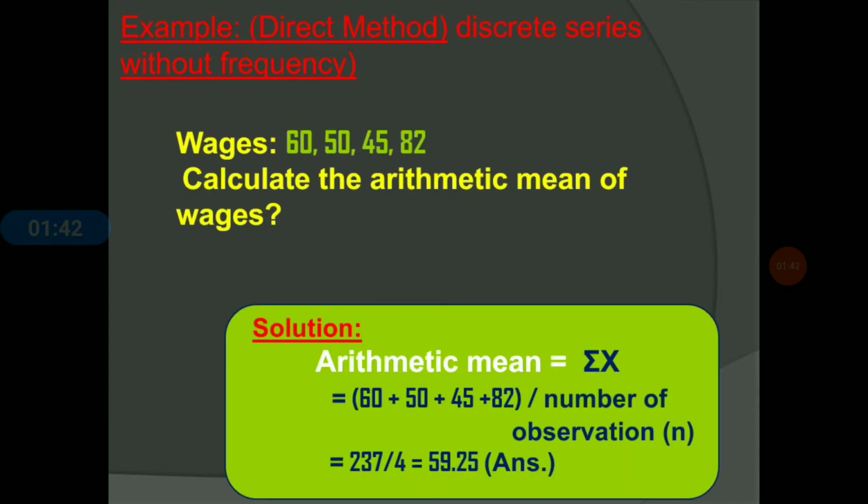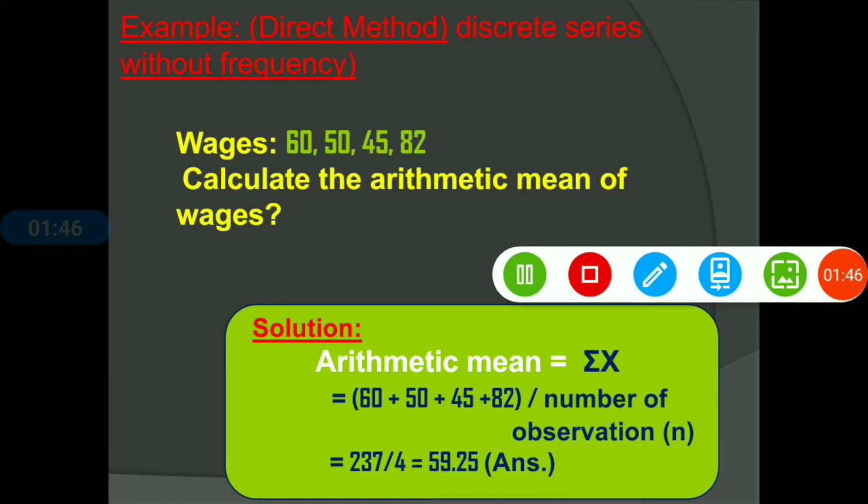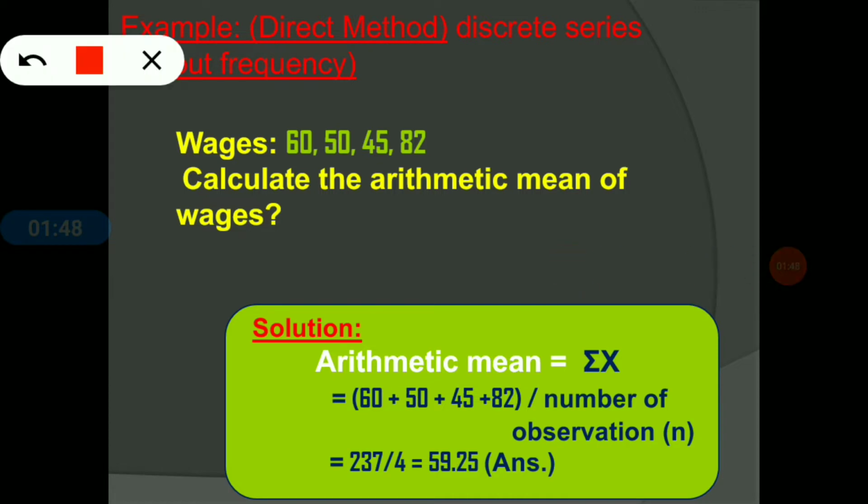Here we can see the example of the arithmetic mean, which is done by direct method, and it is in discrete series and without frequency. At first we have to know what we mean by a discrete series or discrete data.